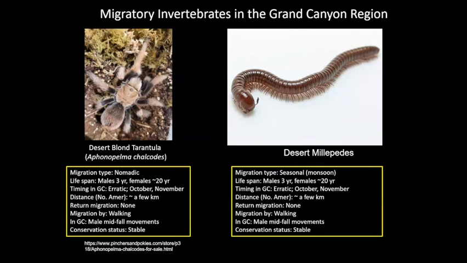Now, some of you, if you've been out walking this time of year, you might see kind of smallish tarantulas walking across the landscape. Aphonopelma chalcodes is one of our more common northern Arizona tarantulas. This is one of 3 species. We've got an endemic one, very poorly known in the Grand Canyon, but the males live only for about 3 years.